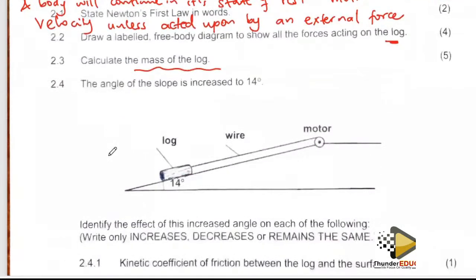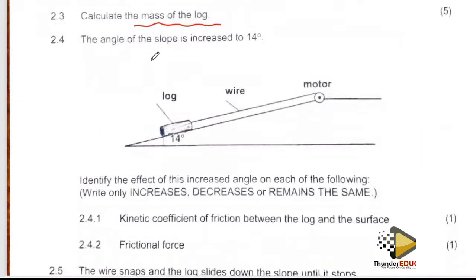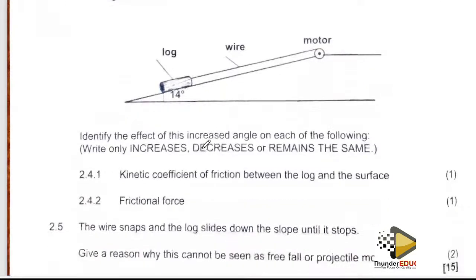Then 2.4. They're telling us that the angle of the slope is now increased from 12 to 14. Identify the effect of the increased angle on each of the following. You only have to write increase, decrease, or remains the same. Okay, so when we look at the coefficient of kinetic friction, when we look at the cos of 12 and the cos of 14, which one is bigger?